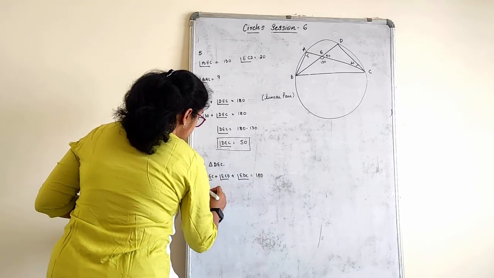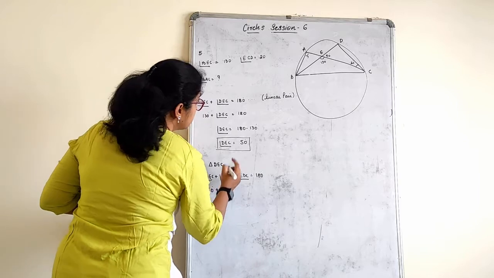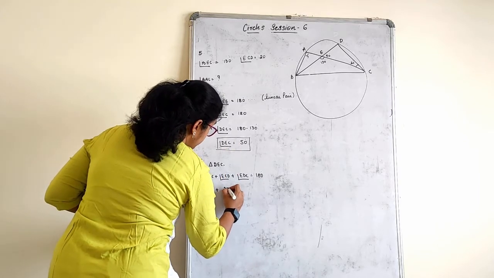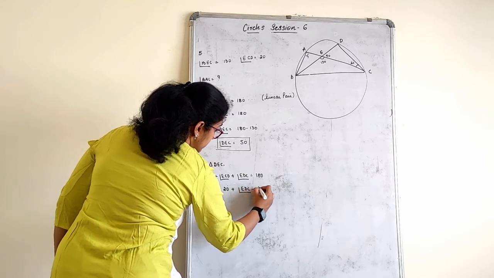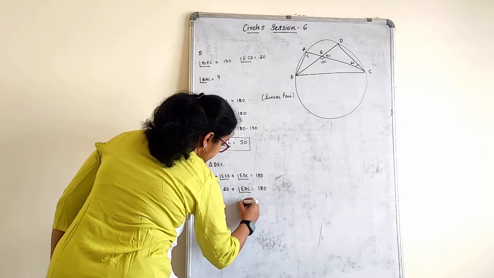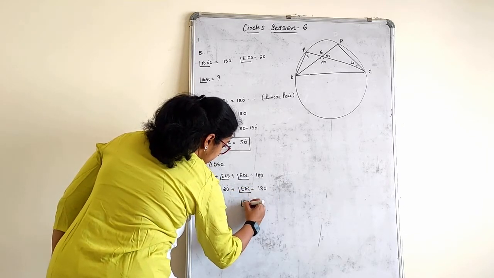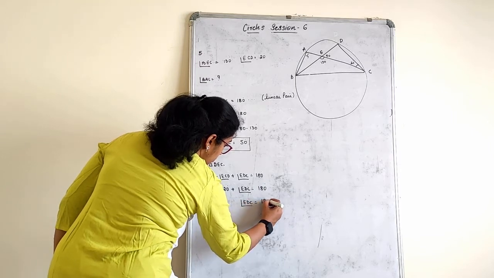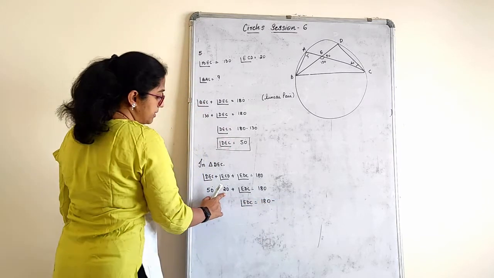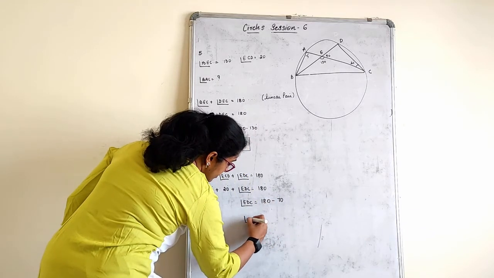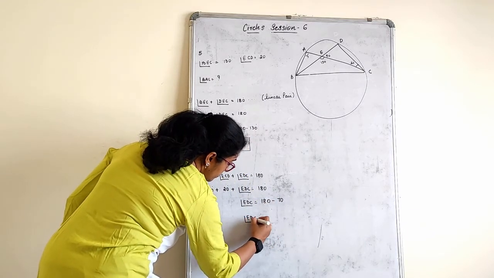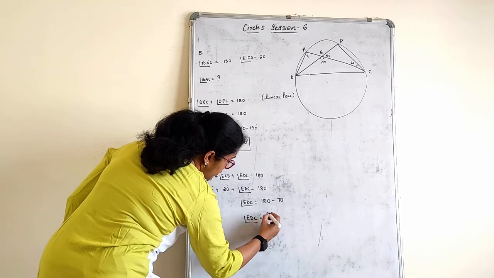So DEC is 50, ECD is 20, plus angle EDC is equal to 180. Angle EDC is equal to 180 minus 50 plus 20, which is 70. 180 minus 70 is 110.